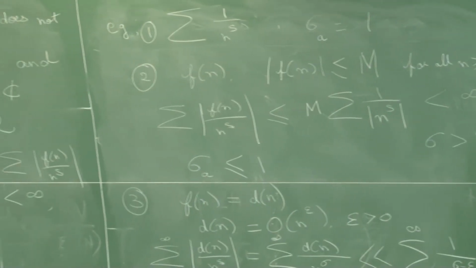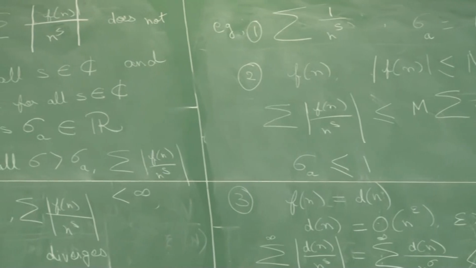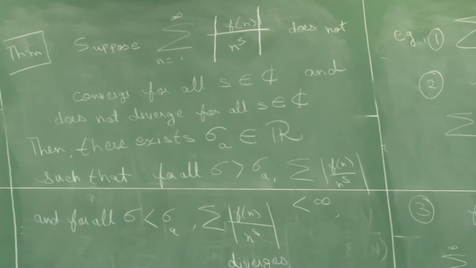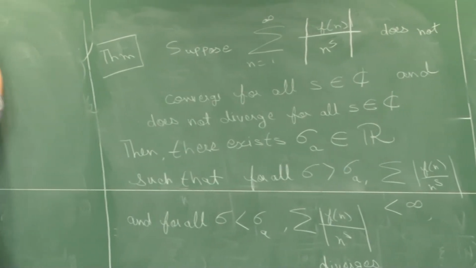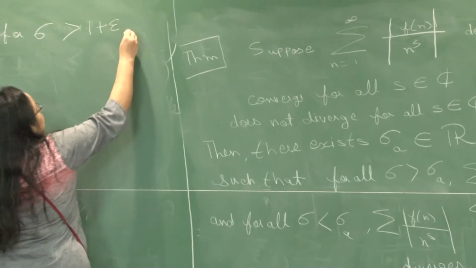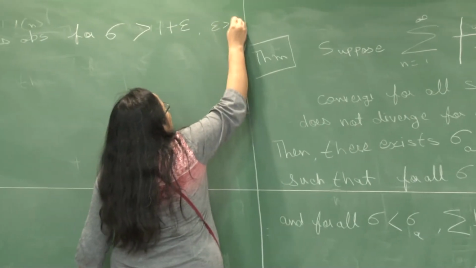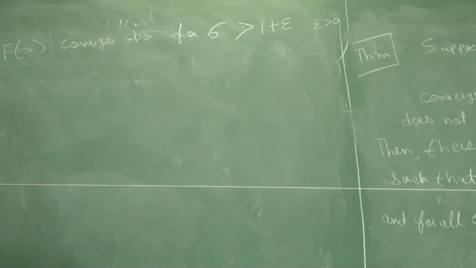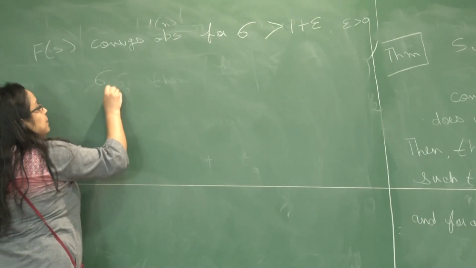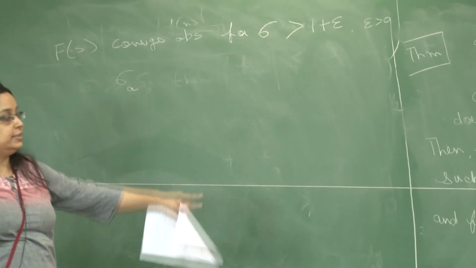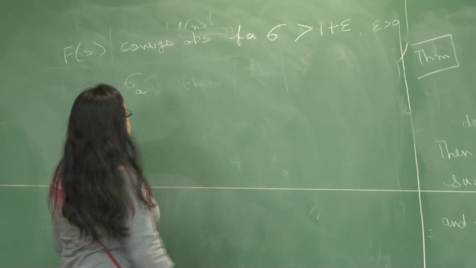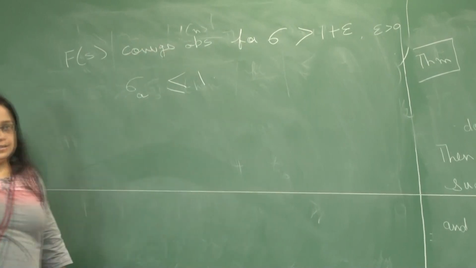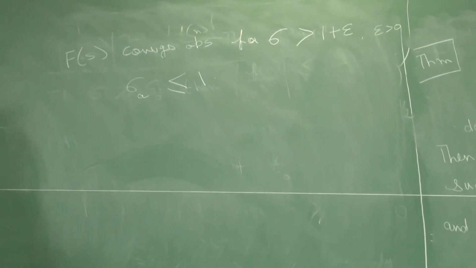So, it converges for sigma greater than 1 plus epsilon for any epsilon greater than 0, however arbitrarily small you want to take it. From this, you deduce that the abscissa of absolute convergence for the Dirichlet series corresponding to the divisor function has to be again less than or equal to 1. Okay.